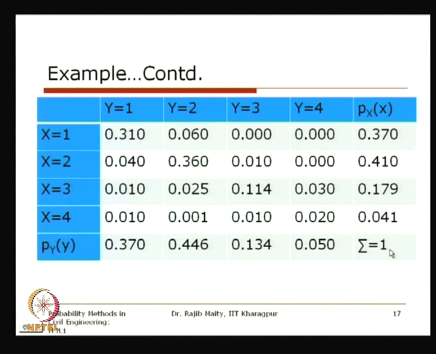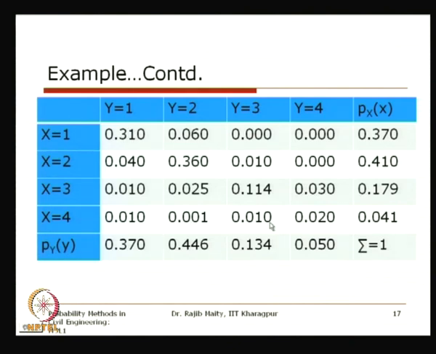Now, we are supposed to get the probability of x greater than y, so we have to pick up those combinations. For example, x equals 2, y equals 1; similarly x equals 3, y equals 1; x equals 3, y equals 2; x equals 4, y equals 1; x equals 4, y equals 2; and x equals 4, y equals 3.